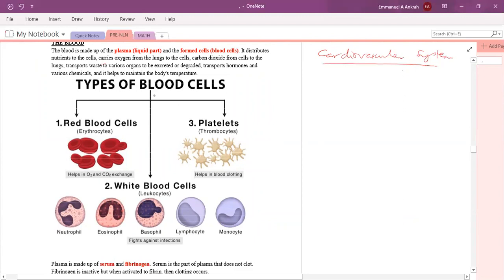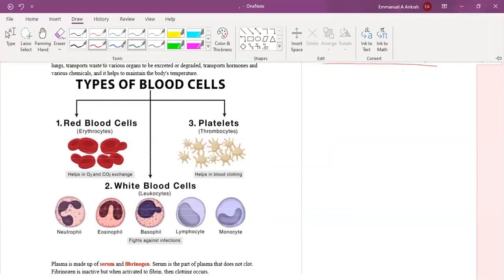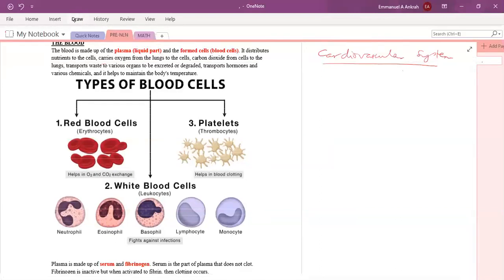Now, to discuss the cardiovascular system, usually I like to draw this diagram that looks like this. So I'm going to draw the lungs. This diagram is so helpful if you go to your nursing school. You can use it to predict a lot of abnormalities.